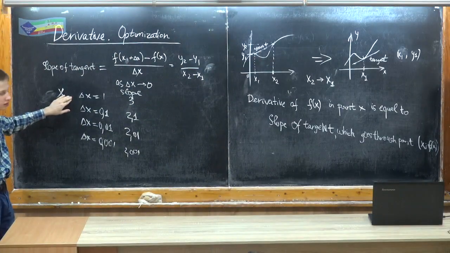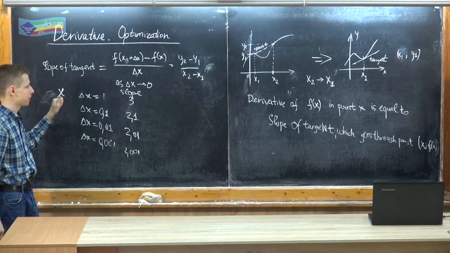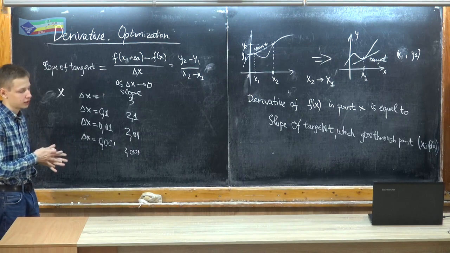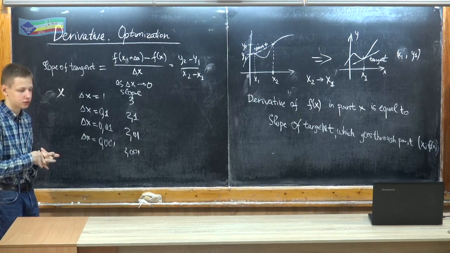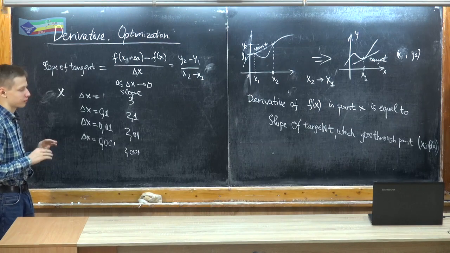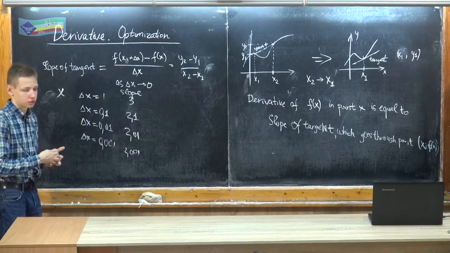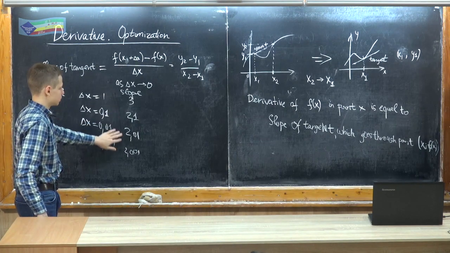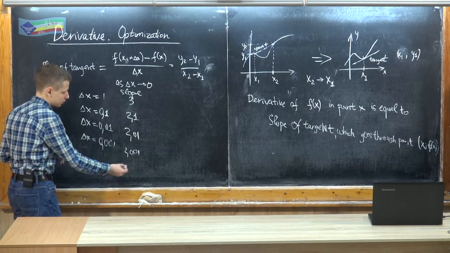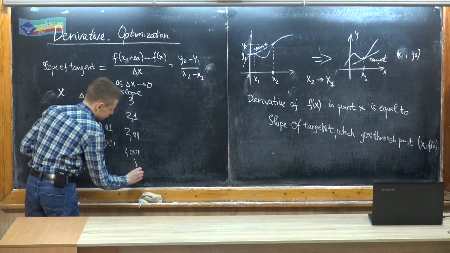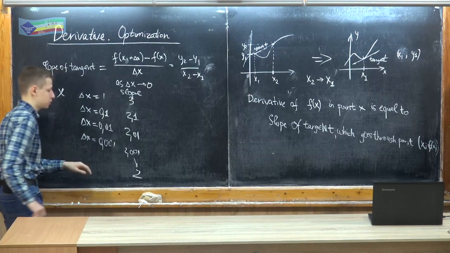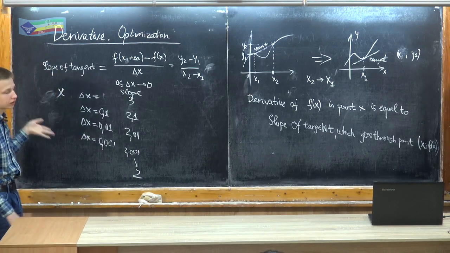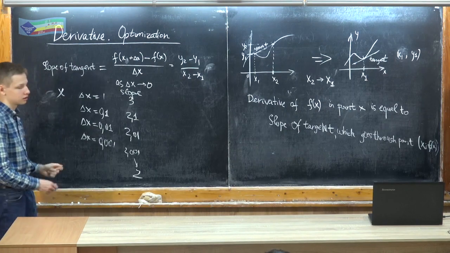So as delta x is getting smaller and smaller, if our function is not very strange and doesn't have some spikes or some other points where it just doesn't have meaning, our slope is getting closer and closer to some number, and as we can see, this number is 2. And that means that this number is the derivative of the function at point x.